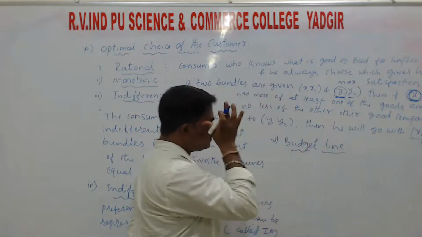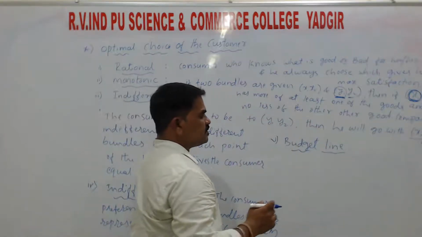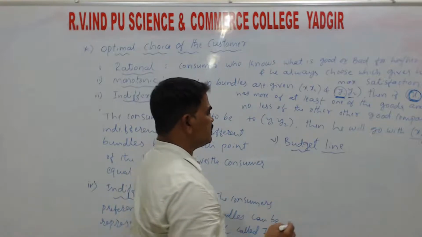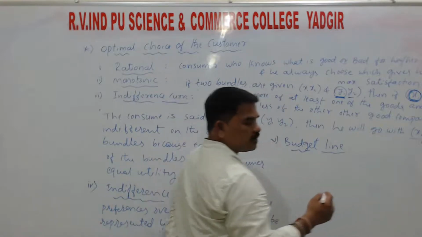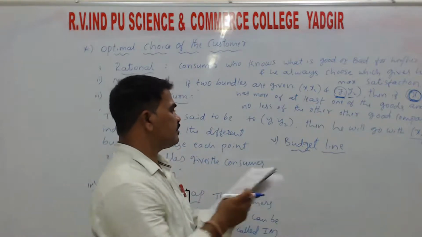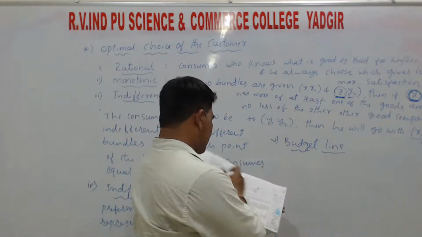So what do you mean by budget line? Budget line means the bundles whose cost is equal to the income of the consumer. The cost of the bundle is equal to the income of the consumer.